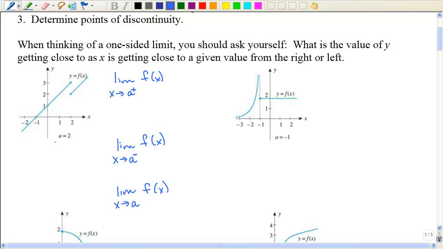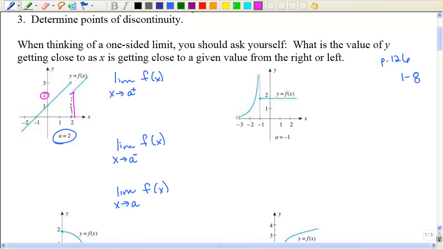Alright, so on this problem, and again, these are just copied out of the book from page 126, problems 1 through 8. I think I copied the odd ones. On this graph, we're looking when a is equal to 2. Coming in from the right-hand side, meaning a little bit bigger than 2, this is the part of the function I would touch.